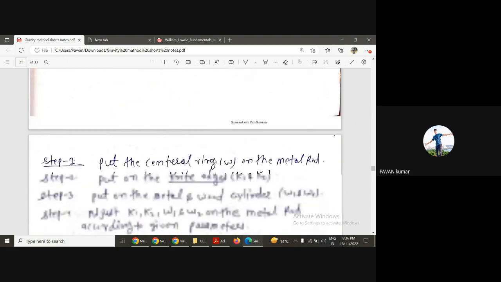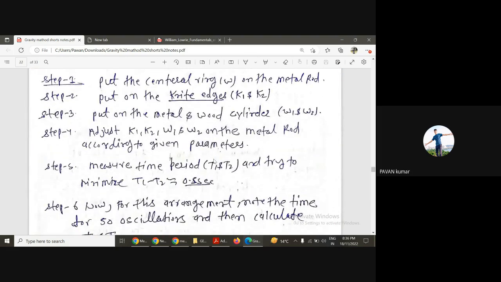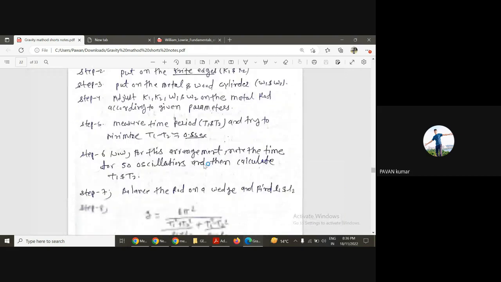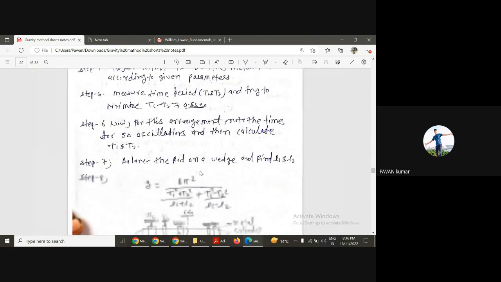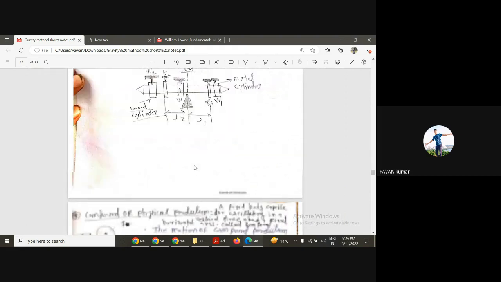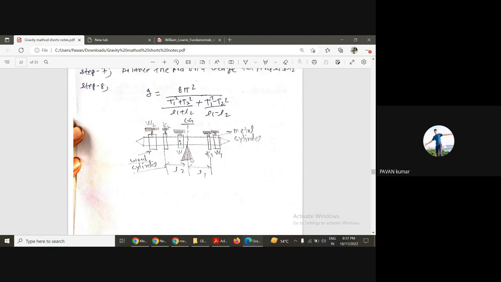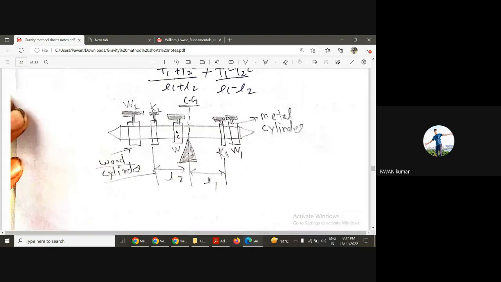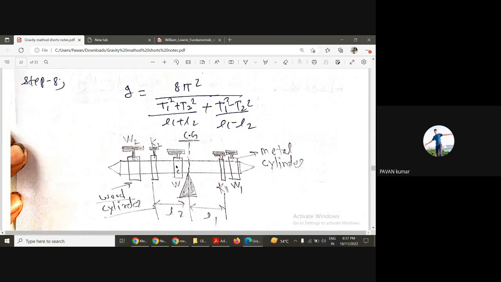The process of measuring absolute gravity with Henry Kater's pendulum is as follows. This is the diagram for Henry Kater's pendulum. We have two blocks, one a wood block and the other a metal block, which we represent as W2 and W1. This is the knife edge, and this is the weight for measuring the center of mass of the rod.